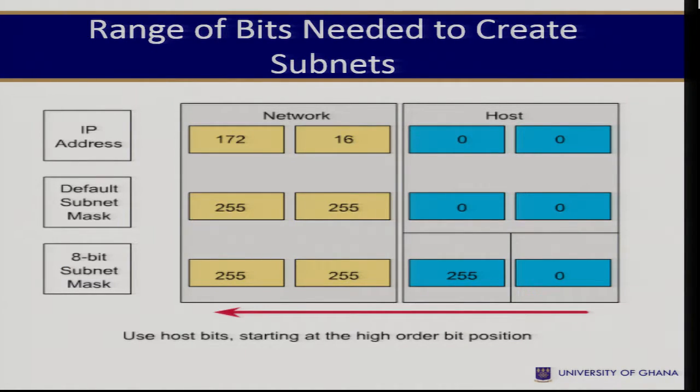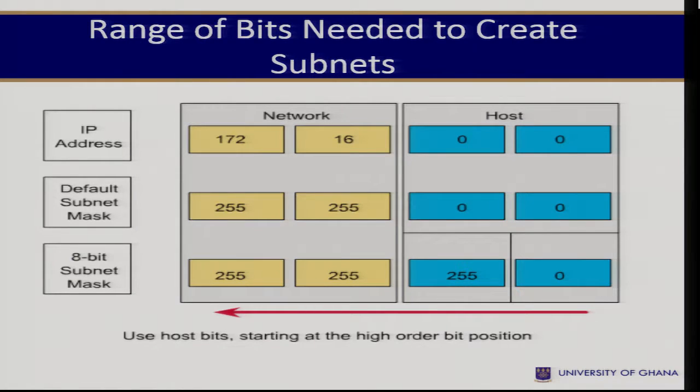Now, in this slide, what you see here are the number of bits needed to create subnets. So you have an IP address, that's the default subnet mask, and this is an 8-bit subnet mask. So that's 172.16.0.0 for the host.